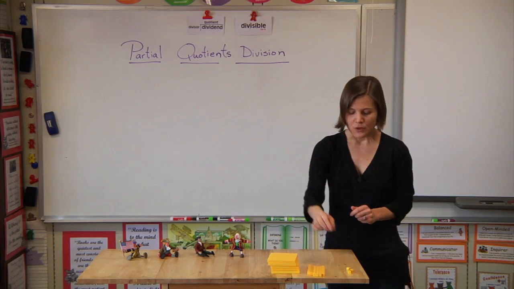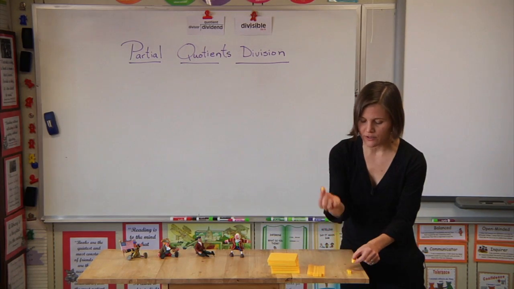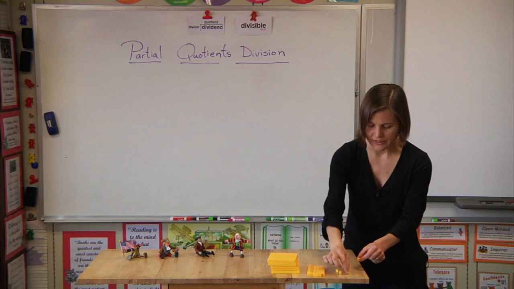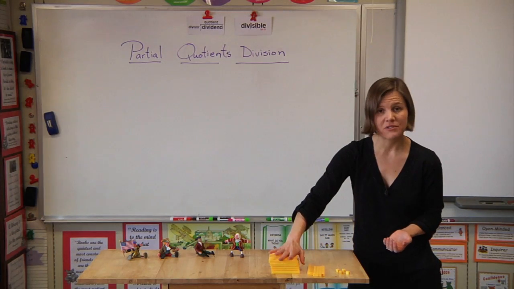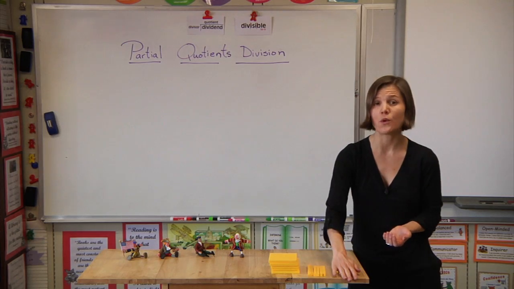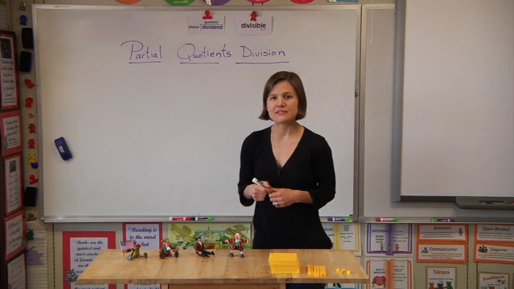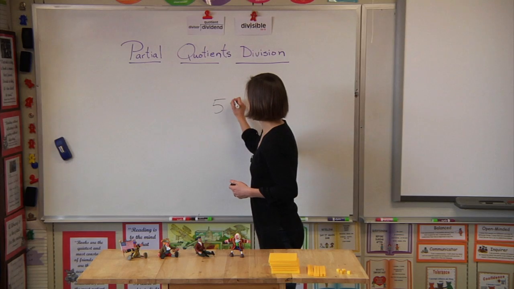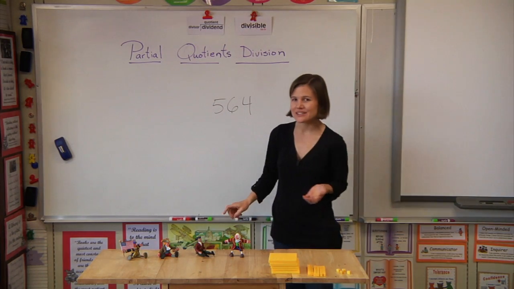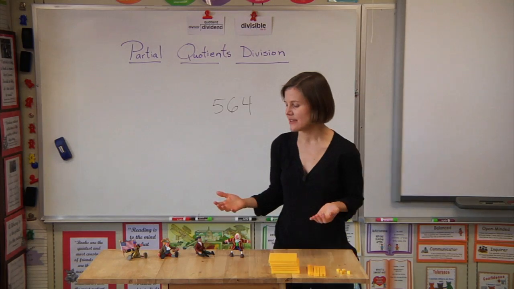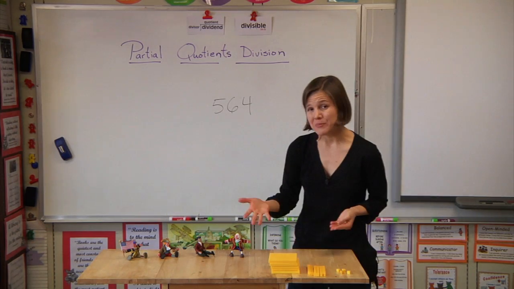On top of that, we've got the individual pieces of chocolate, 1, 2, 3, 4. So now if we add all of those up, we've got 500 plus 60 plus 4. So the total number of chocolate pieces we have is 564.